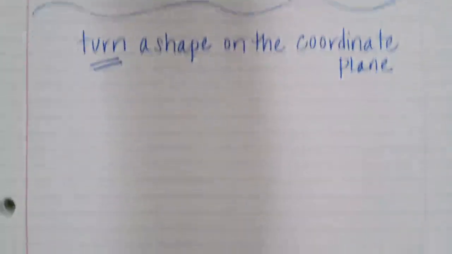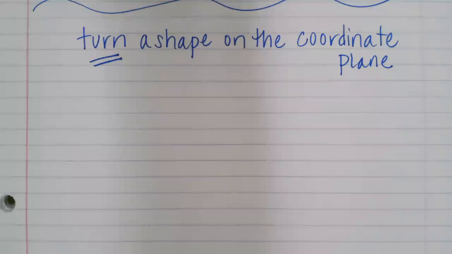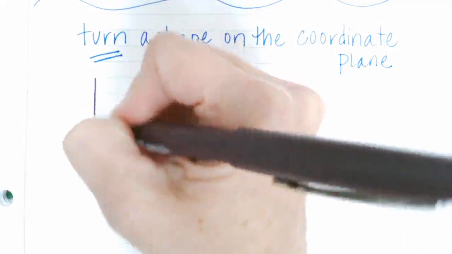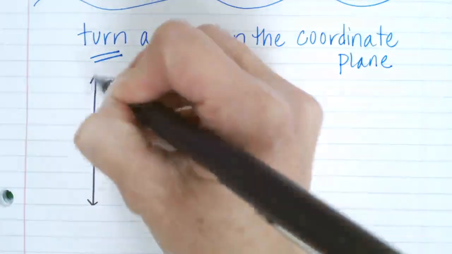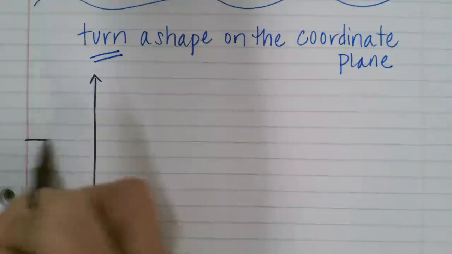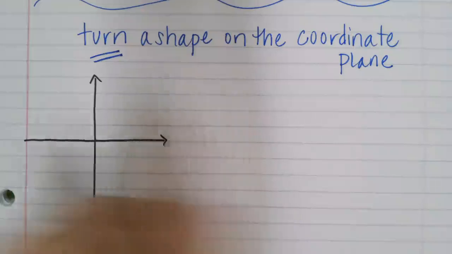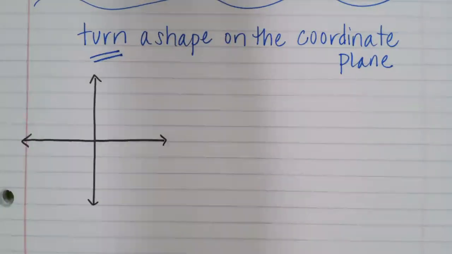Okay? All right, so first thing I want to do is to draw an X and Y coordinate plane. All right. So what we're going to be doing is rotating clockwise and counterclockwise.